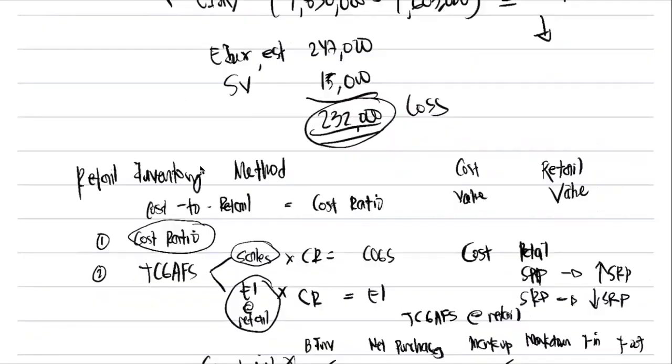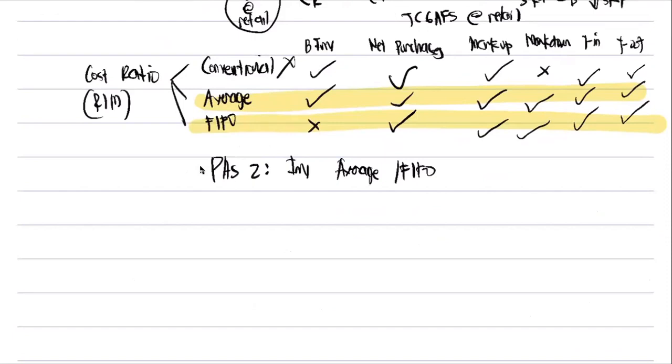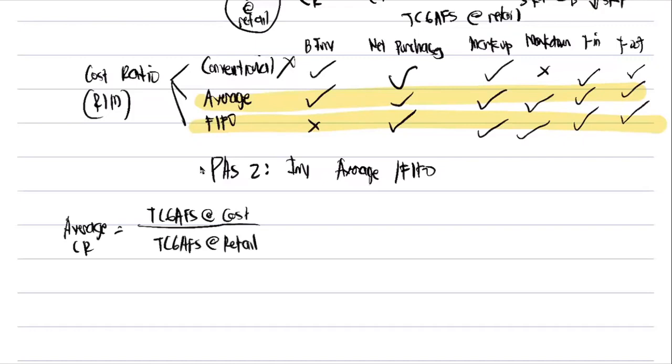So to compute for your average cost ratio, average cost ratio is equal to your total cost of goods available for sale at cost divided by your total cost of goods available for sale at retail.